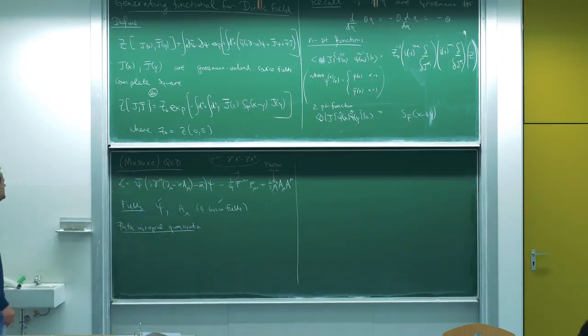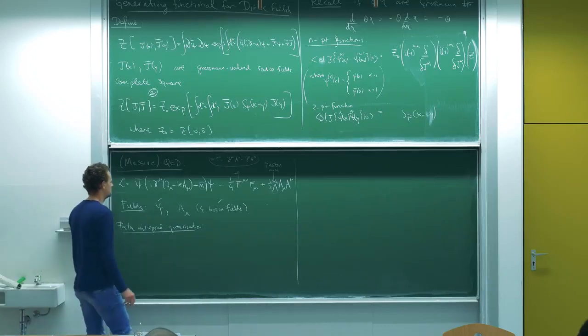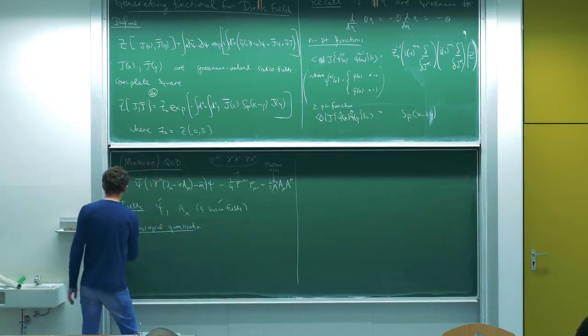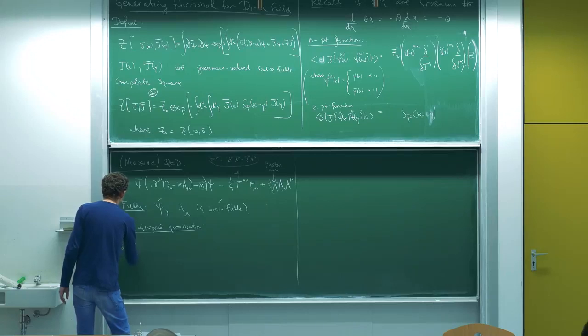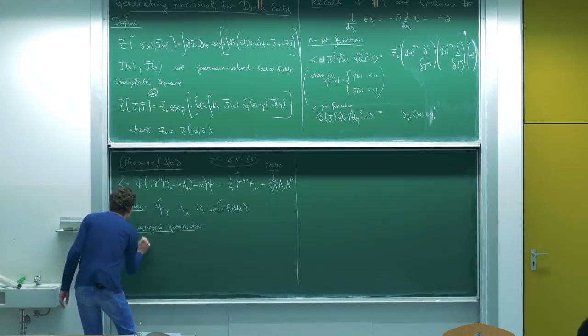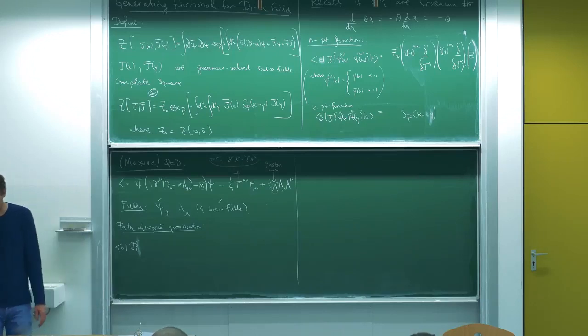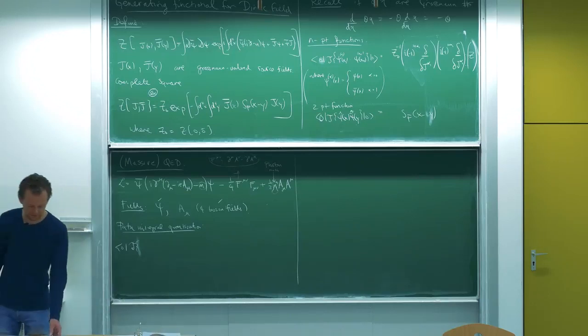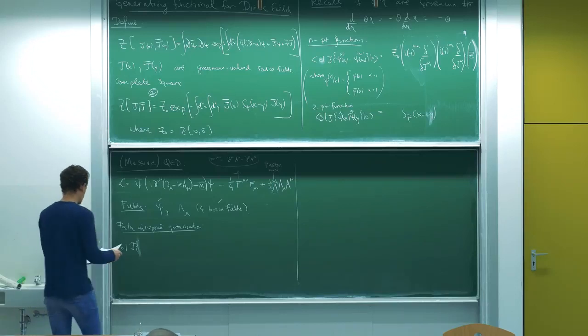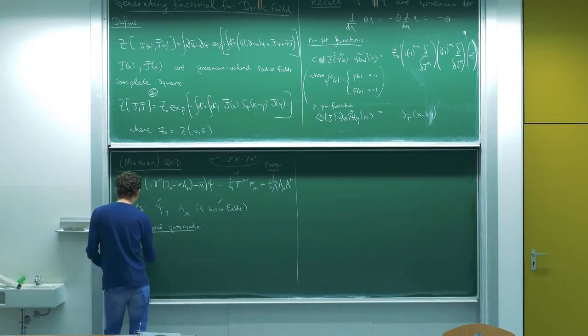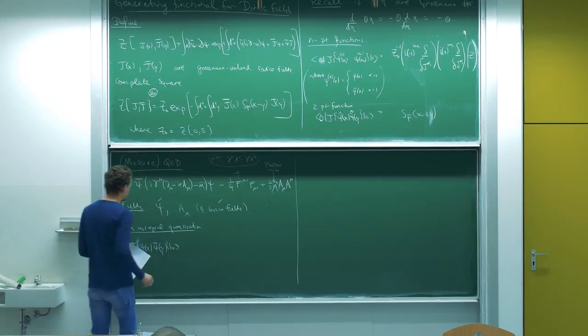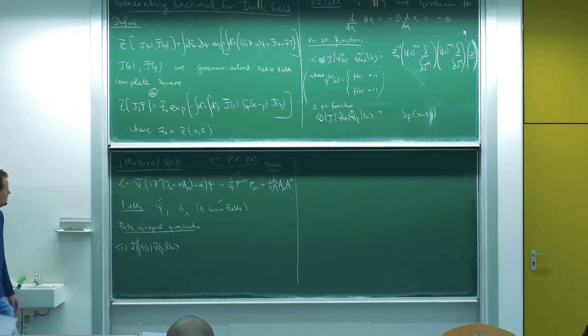Well, we have these fields. We need to integrate over them. So we have some vacuum expectation value. Let's suppose we don't have a process where we're observing photons at the end, but simply fermions. You know, what's the probability amplitude to go from a fermion at x to a fermion at y?